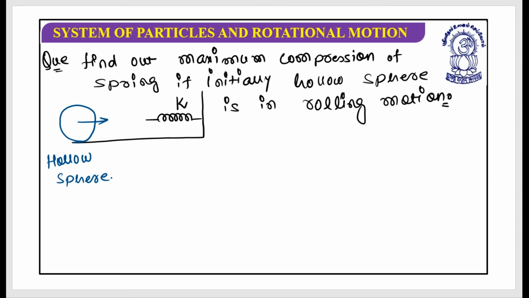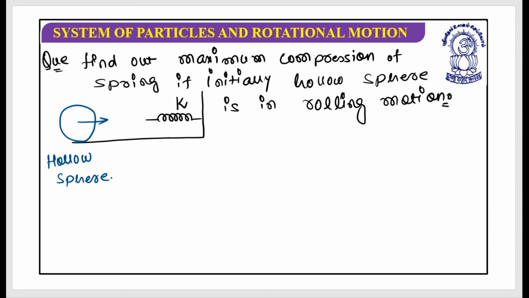The energy in the spring will be in which form? Yes, it is the elastic potential energy, which we call half kx square. When the hollow sphere comes to rest, that is the maximum potential energy stored in the spring. So this is the situation I should proceed with.